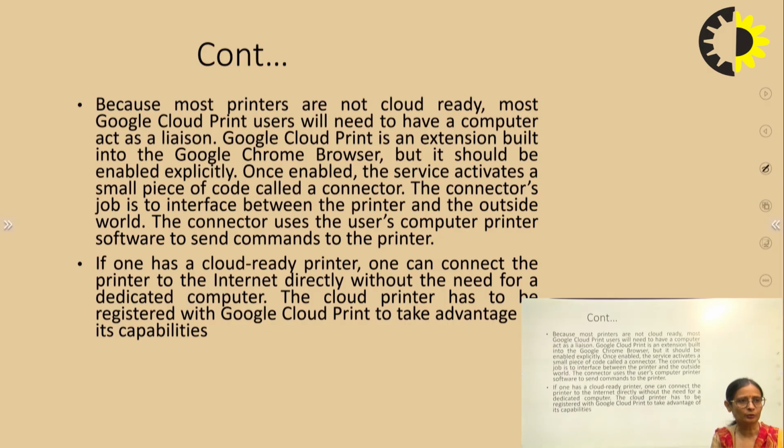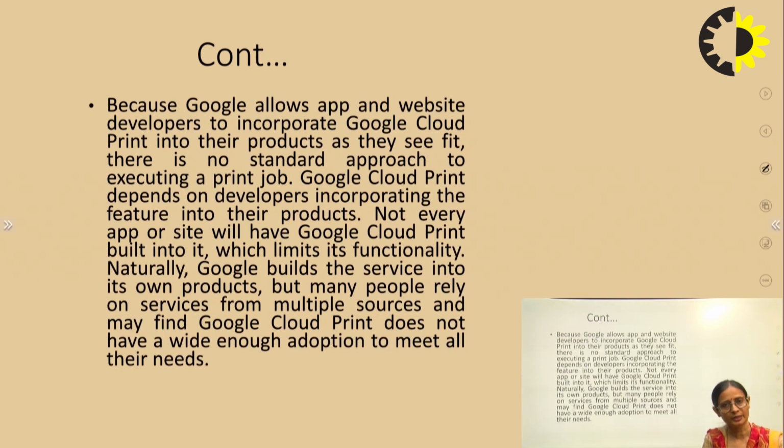If one has a cloud-ready printer, one can connect the printer to the internet directly without the need for a dedicated computer. The cloud printer has to be registered with Google Cloud Print to take advantage of its capabilities. This is the requirement because Google allows app and website developers to incorporate Google Cloud Print into their product. There is no standard approach to executing a print job.